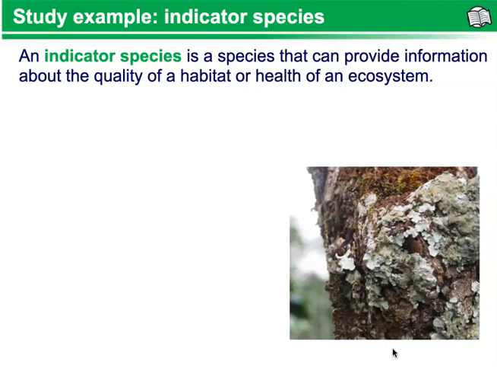So here's a study example, and specifically we're looking at an indicator species. In the image, we're looking at a lichen. Lichens are useful indicator species as their distribution is affected by levels of nitrogen oxide pollutants. Fewer nitrogen oxide sensitive lichen are found in areas where there is a high level of nitrogen oxide pollution.